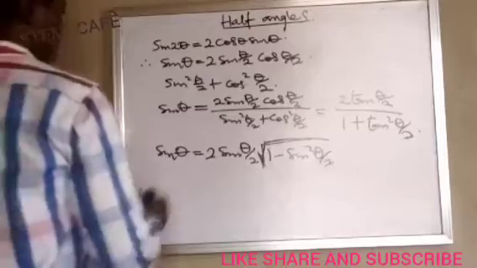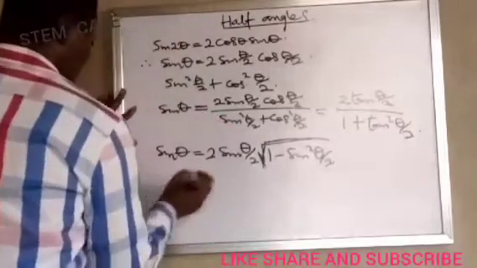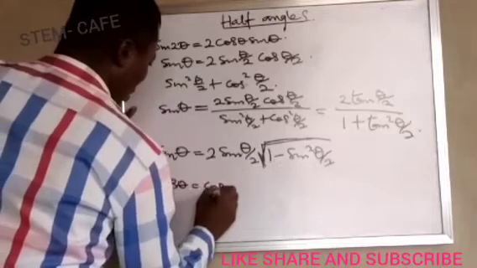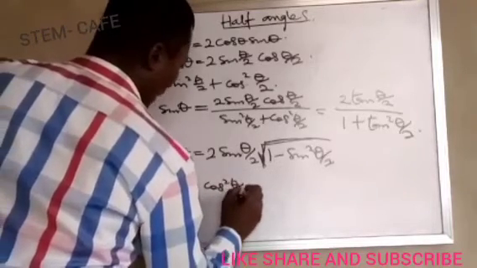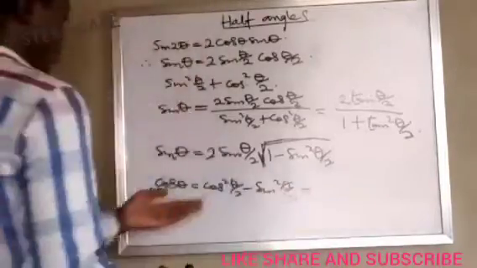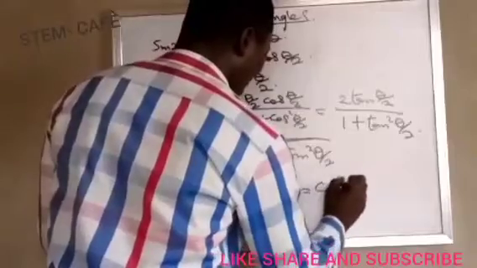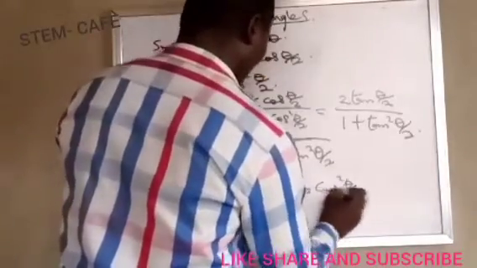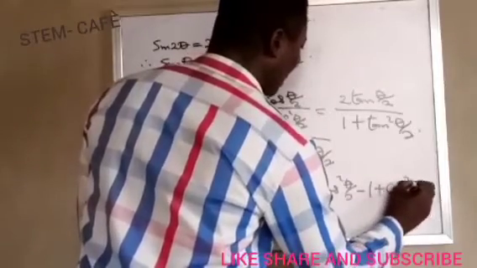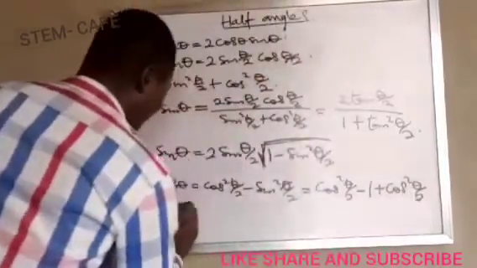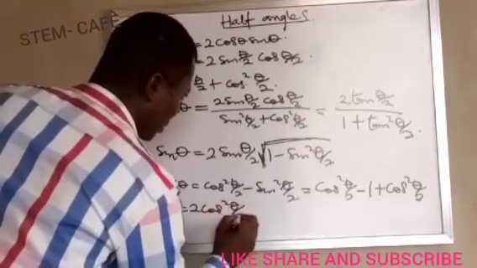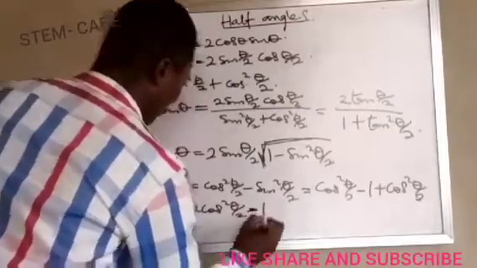Very easy. Now if I have cos theta, it will be equal to cos square theta over 2 minus sin square theta over 2. And this will give me cos square theta over 2 minus 1 plus cos square theta over 2, which will give me 2 cos square theta over 2 minus 1.